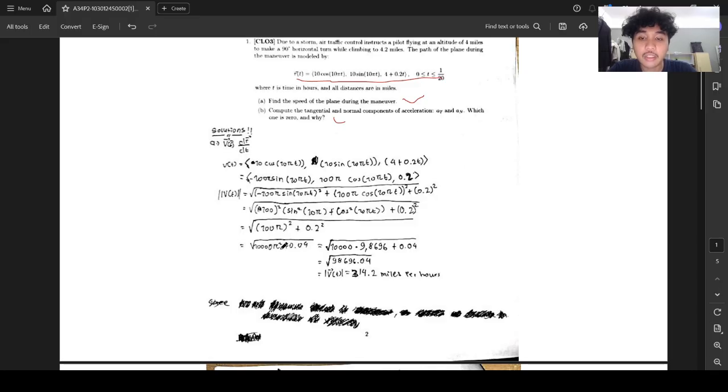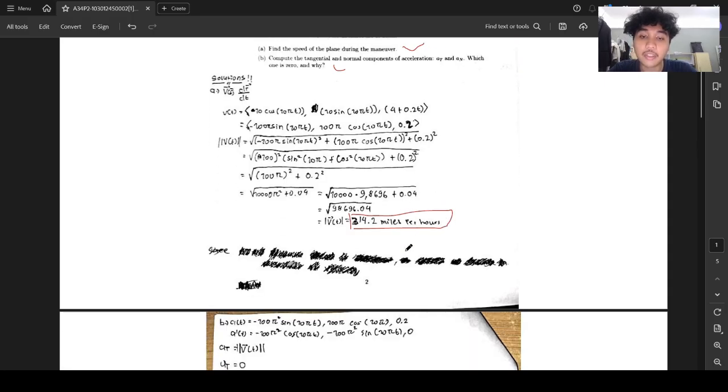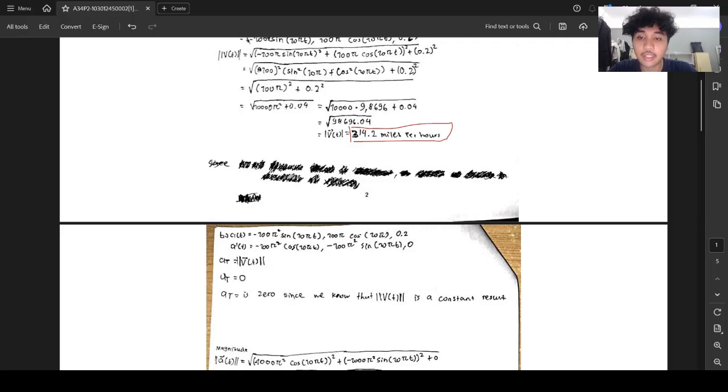After the calculation, here's what we got. So the velocity of the plane is 314.2 miles per hour.